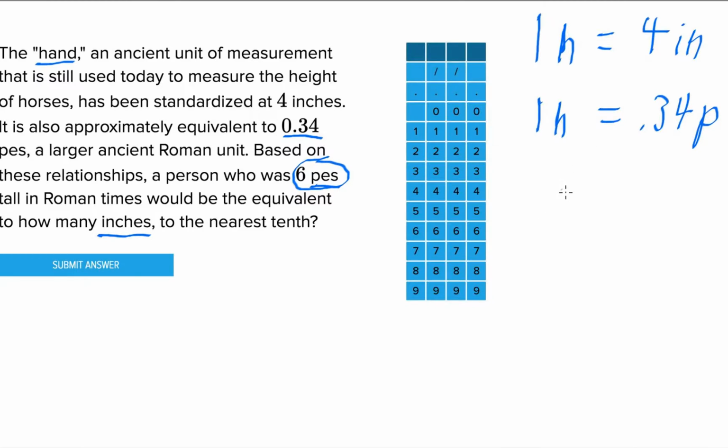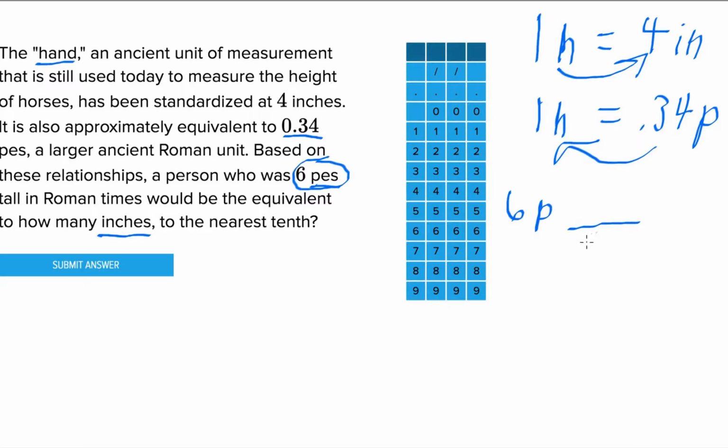Now what I'm going to do is set up a series of conversions. You may remember this from your chemistry class. So if we start with 6 pace, you see that we don't have a relationship between pace and inches. We need to go from pace to a hand, and then from a hand to inches.